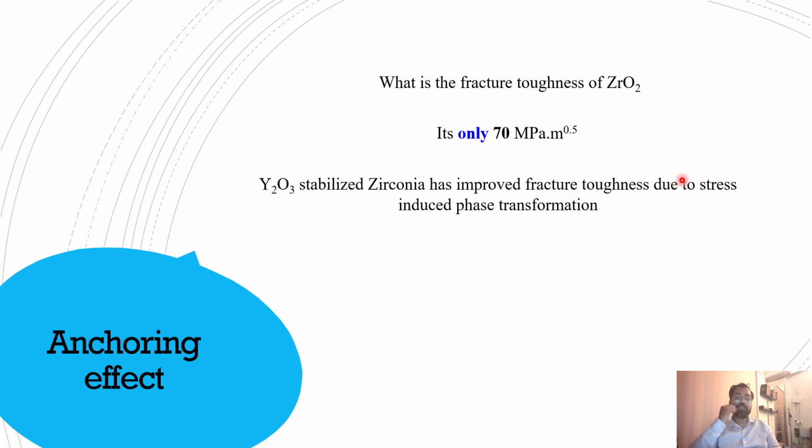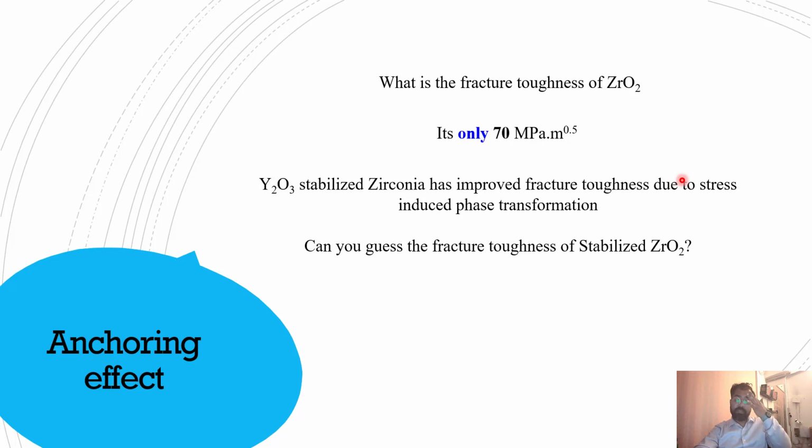And by using yttria in it, you can stabilize zirconia so that its fracture toughness increases. And what do you think? Can you guess the fracture toughness of stabilized zirconia? Probably, because it is improved, maybe it is 80 to 100 or something.